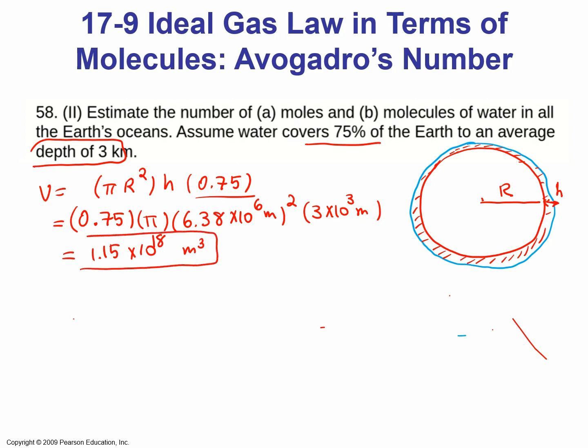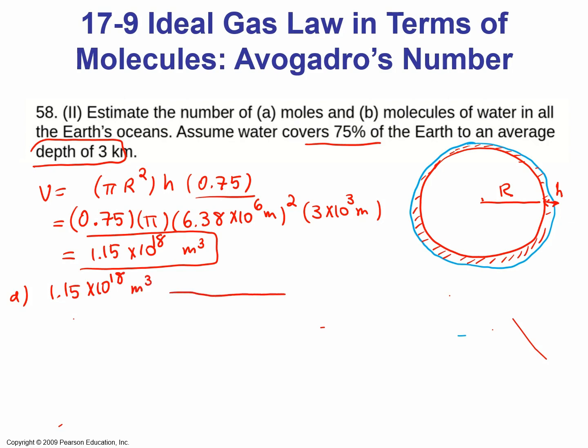Now we have to convert this volume into either the number of moles or the number of molecules. We have to convert the volume and say how many kilograms of water we have, and then convert from kilogram into moles. So let's do that. For part A, let's say 1.15 times 10 to the power 18 meter cube.